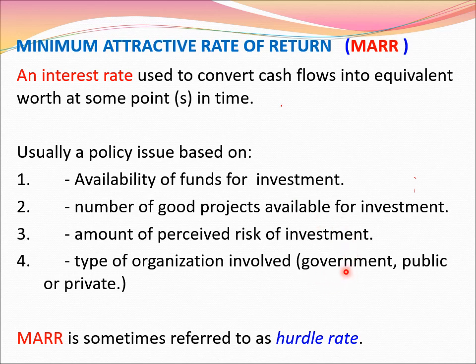Government wants to provide service to its citizens, but of course it wants to do it in the least costly way. So the point of view, whether it's private or government, changes things. MARR is sometimes referred to as the hurdle rate. Okay, it's also referred to as the hurdle rate.